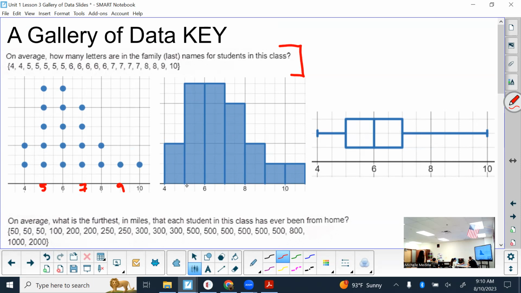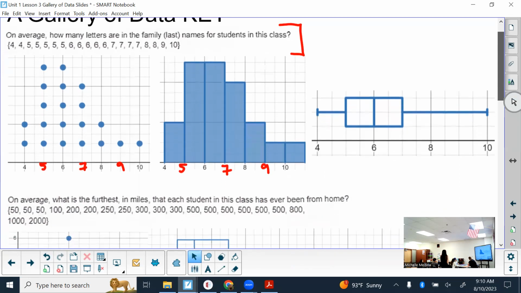This would be an example of where it's just intervals of 1, which you could do. If you decide to do intervals of 2, then you'll have fewer bars. All right, but that's how you can decide that's appropriate. For box plots, you just need to have around your minimum and maximum. So that's pretty easy for that one. You will probably determine that we should count by ones for that one.